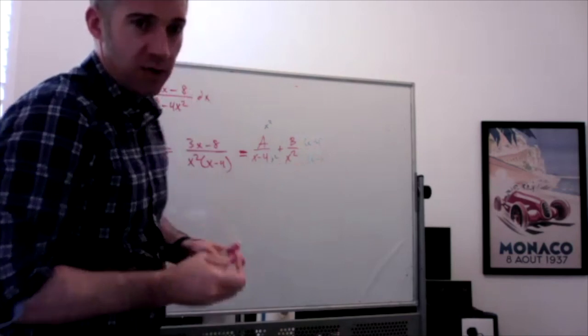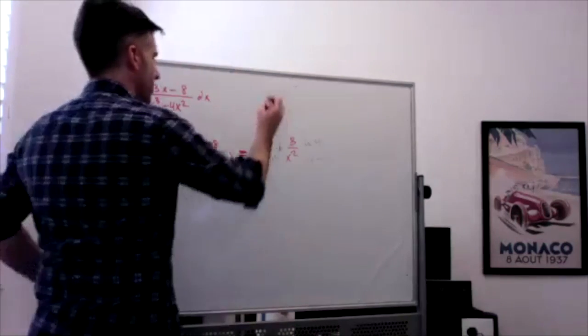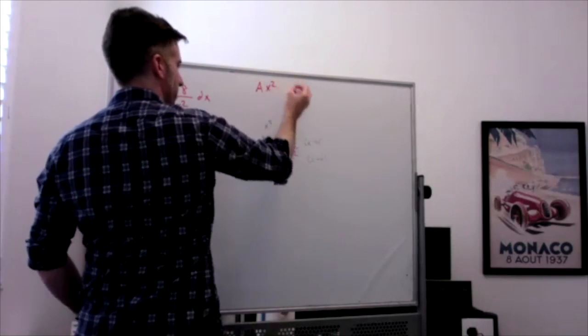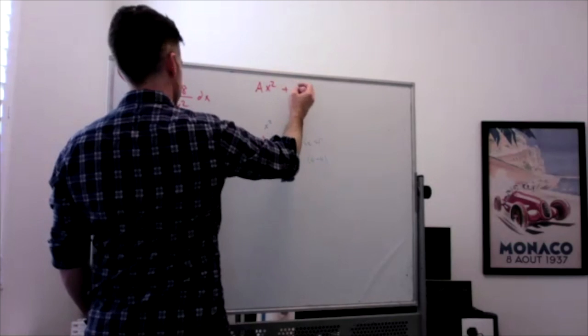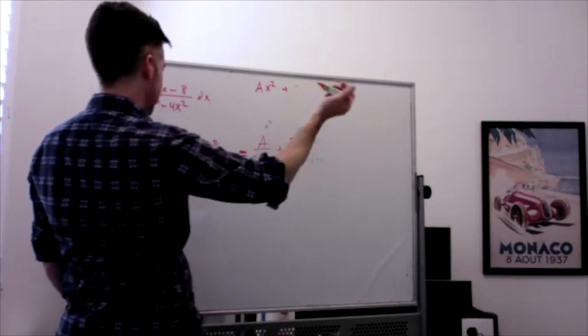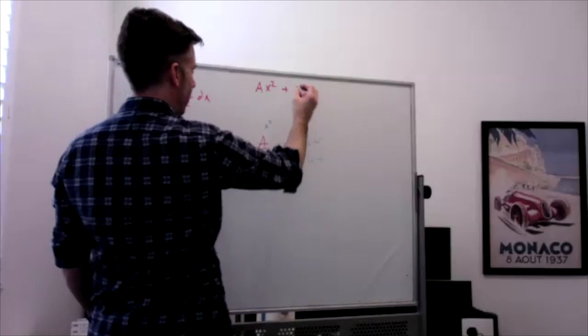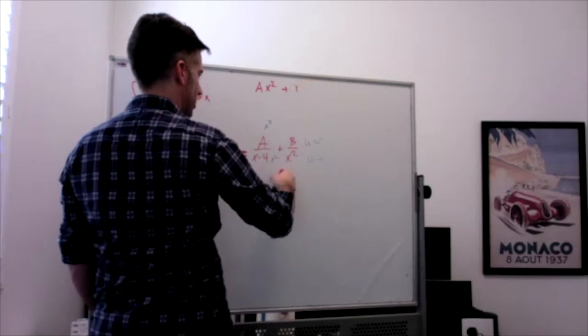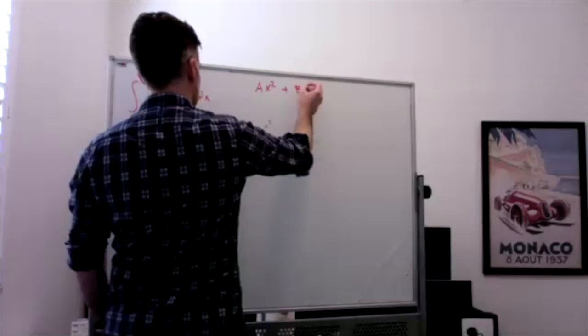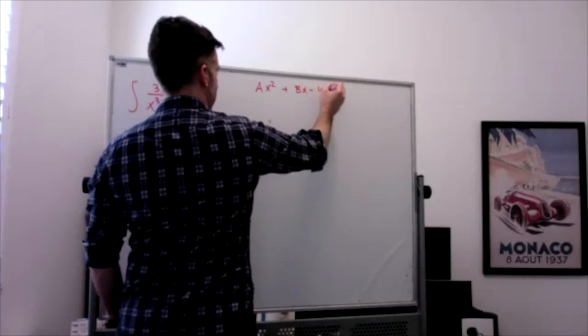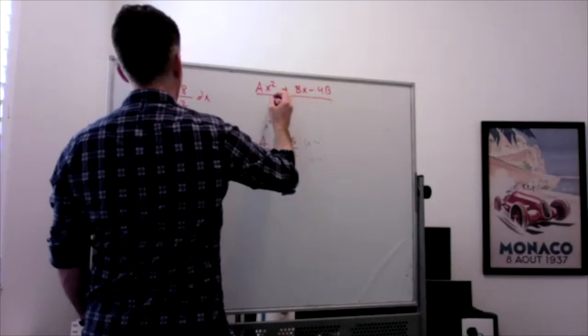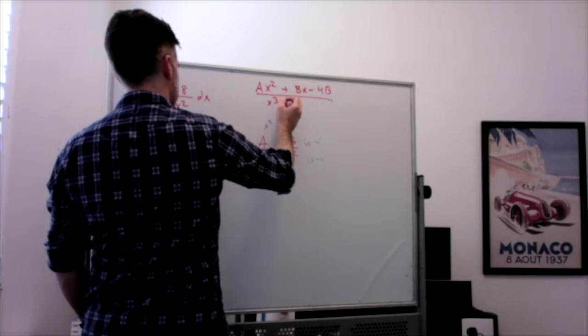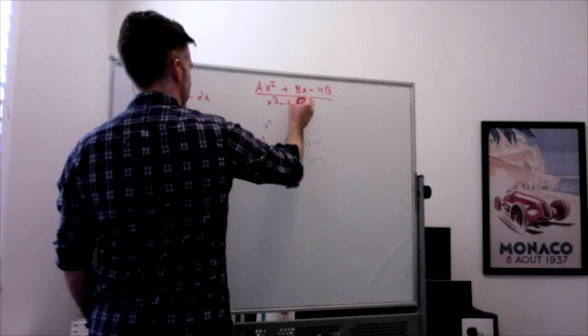Here's what's going to happen when I multiply this out. I'm going to get ax squared plus, and is it going to work out? Plus bx, no, it's not going to work out. Minus 4b all over x cubed times x minus 4.